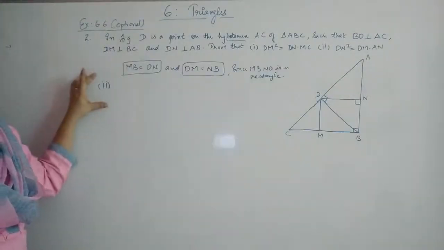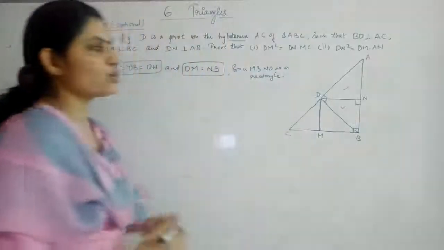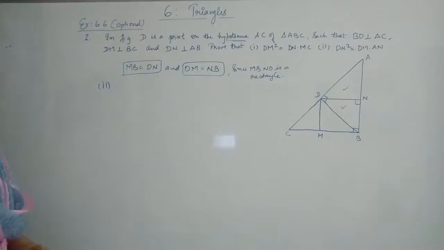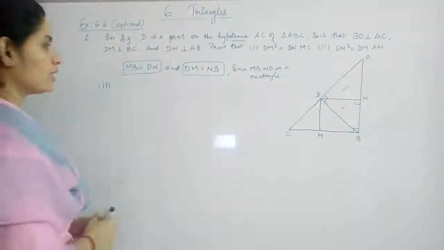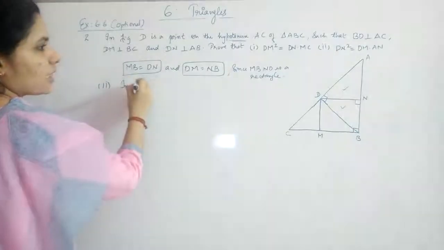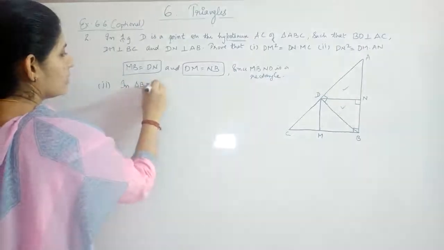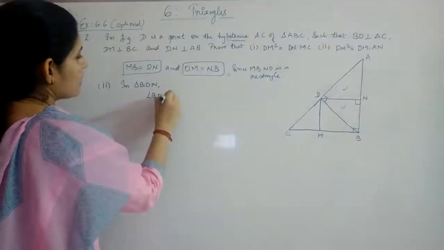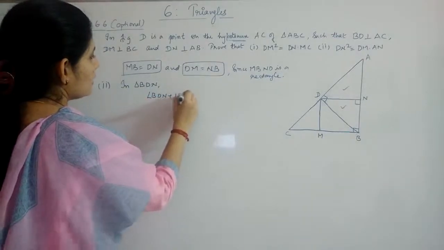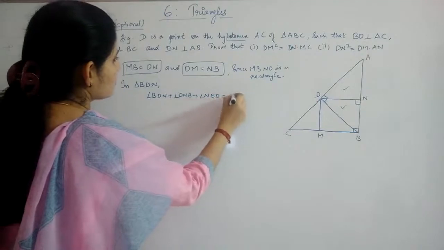Now for the second part, we are just considering these two triangles and showing them to be similar, and that similarity will give you this required result. Okay, so first we are considering triangle BDN. In triangle BDN, what you will get? Angle BDN plus angle DNB plus angle NBD is equal to 180.